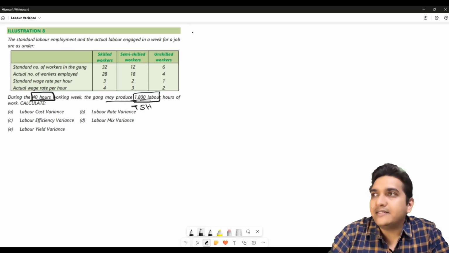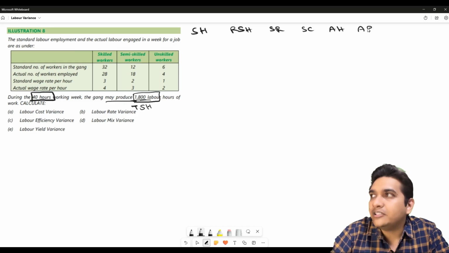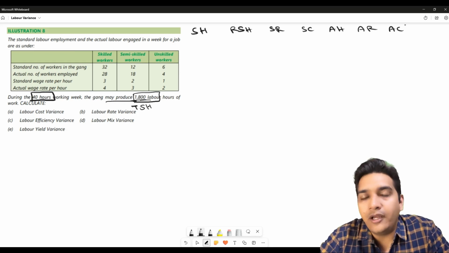So let us first put down our table, which has standard hours, then revised standard hours, standard rate, standard cost, actual hours, actual rate, and actual cost. Now, in the problem, they do not even mention idle time. Neither do they mention actual hours worked and actual hours paid.